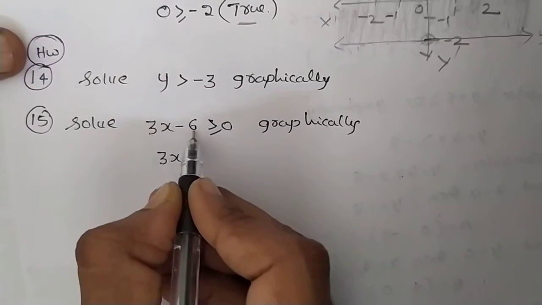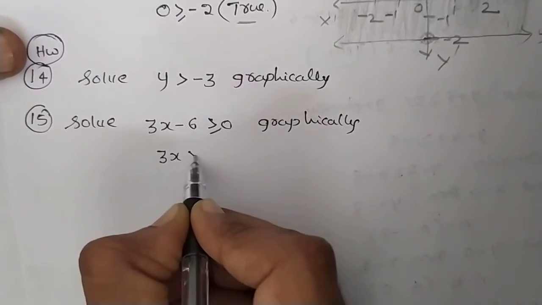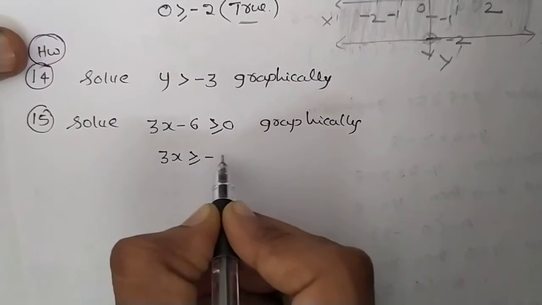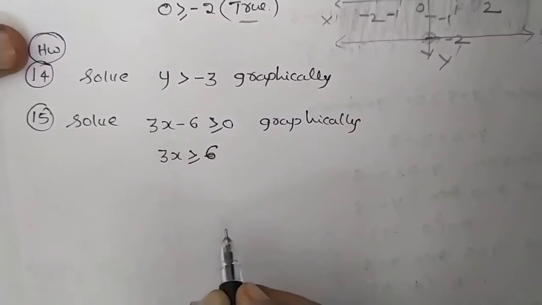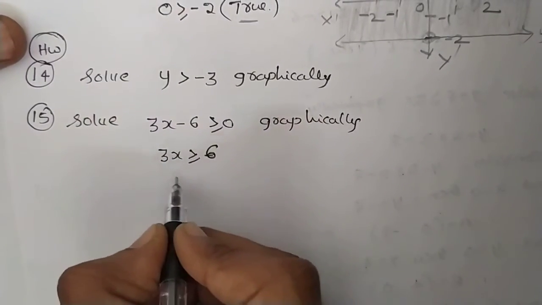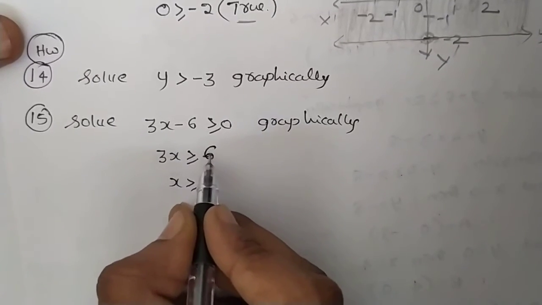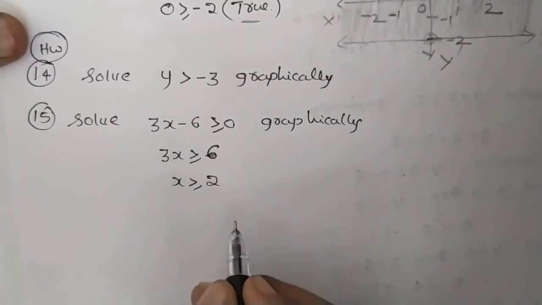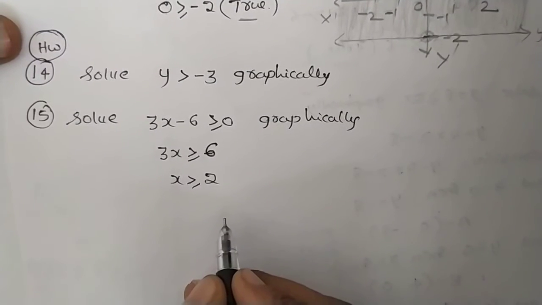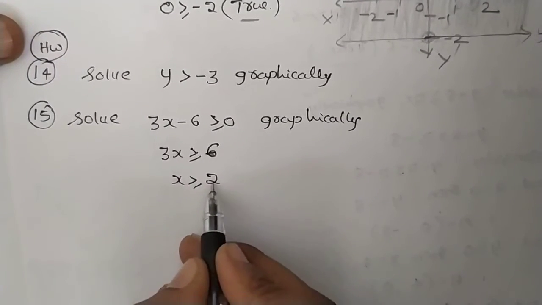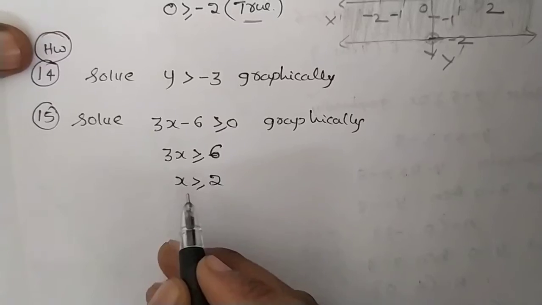If we send the -6 to the right, that will be 3x is greater than or equal to +6. Then x is greater than or equal to 6 by 3, that is 2. We found the inequality x greater than or equal to 2.